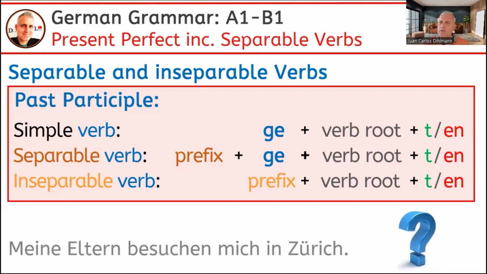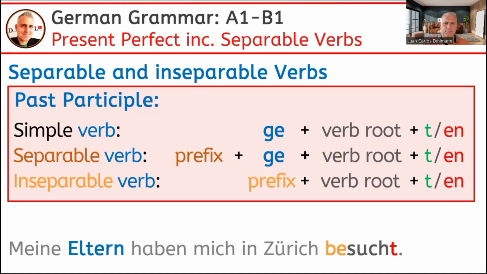Meine Eltern besuchen mich in Zürich. What's the solution? Meine Eltern haben mich in Zürich besucht. Besuchen is inseparable, and the prefix be is always inseparable. That's good to know.